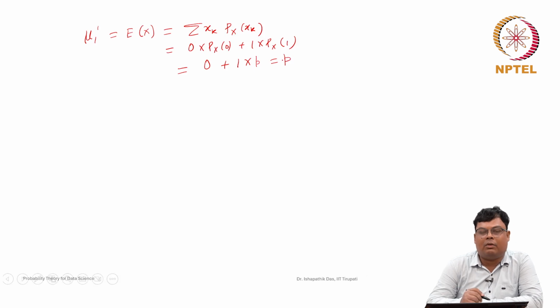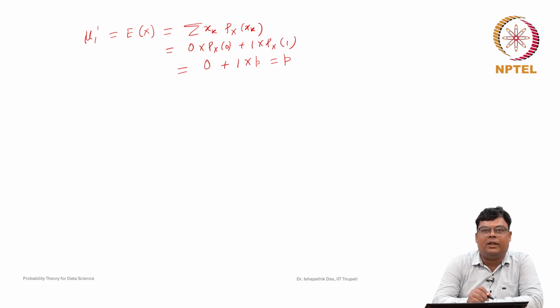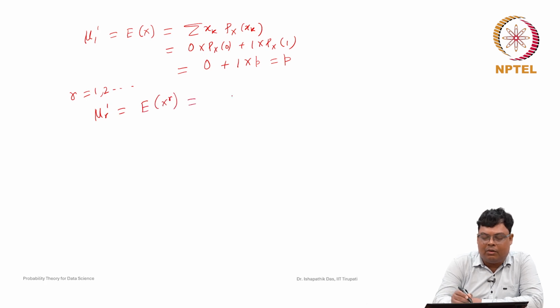Now, what will be the second order raw moment? In general, it is easy to find the rth order raw moment for any value of r. Mu r dash is the expected value of X to the power r. By definition, this is the summation of x_k to the power r into p_X(x_k). It takes only the values 0 and 1.